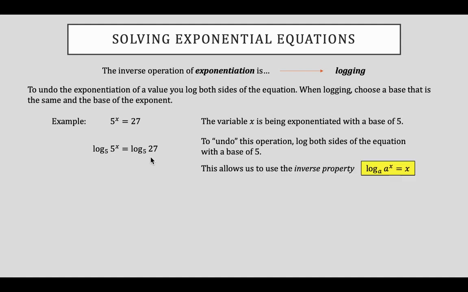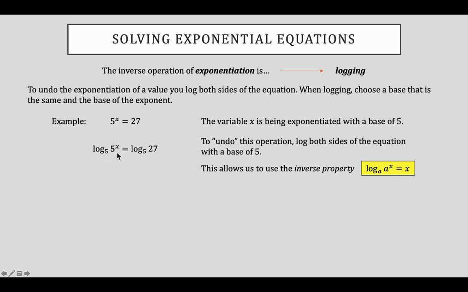Why does this help us out? Well, this allows us to use the inverse property that was introduced to us earlier on in chapter 3. Log base a of a to the x power is equal to x. Anytime we log with a base that is the same as the base of an exponent located inside of the log, raised to the x power, that's going to be equal to that quantity x, right? Log base a of a raised to the blank equals blank. In this case, we have log base 5 of 5 raised to the x power.